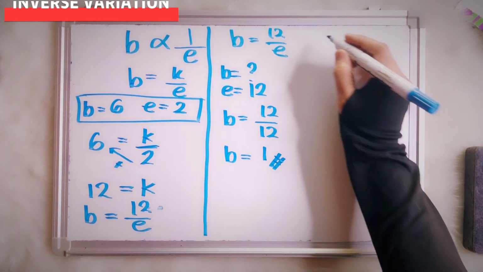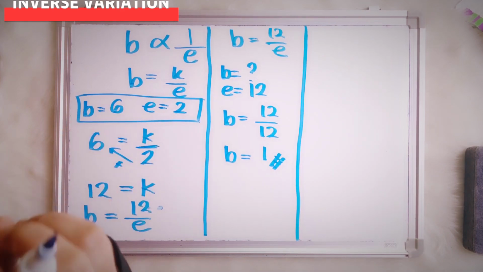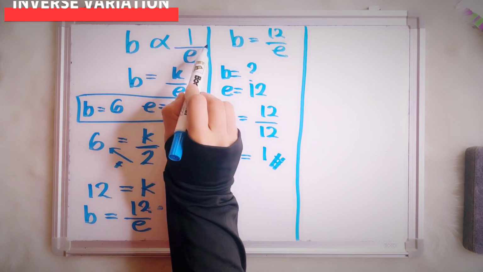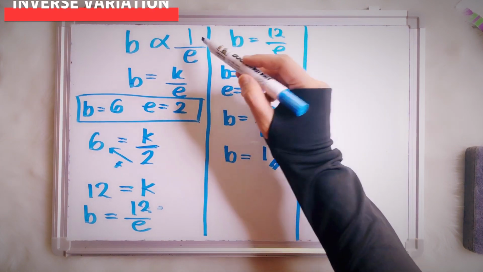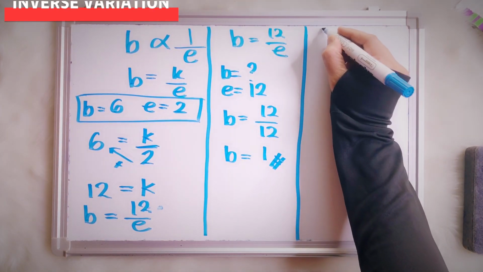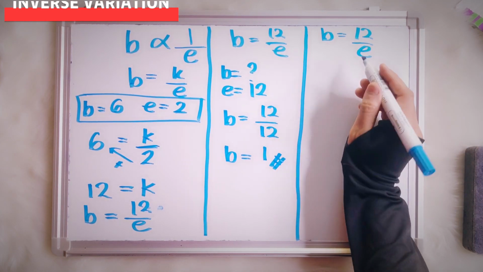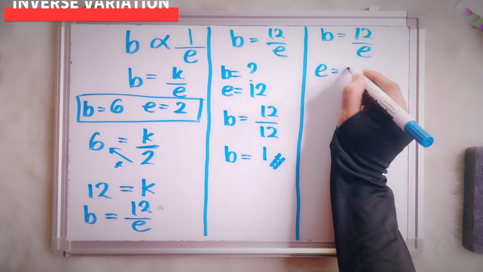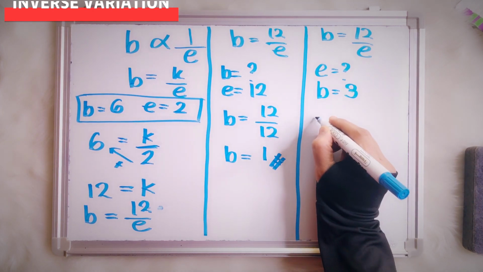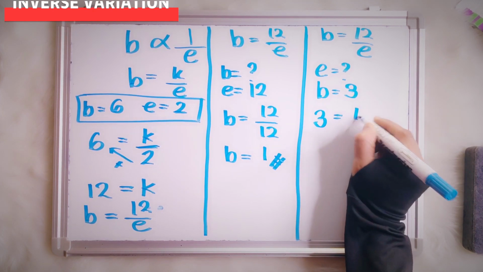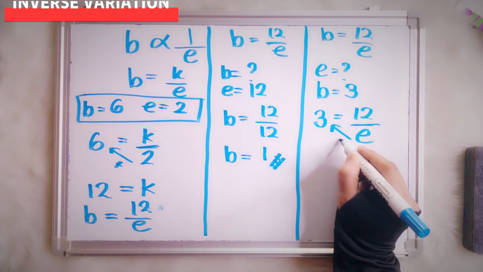Easy, right? Now, the difference is when the question says varies inversely, you have to put 1 over, and then you replace the 1 with the K. So same equation, B equals 12 over E. But this time you have to find the value for E when your B equals 3. So 3 equals 12 over E. This is divide, so if you want to transfer to this side, you have to multiply.